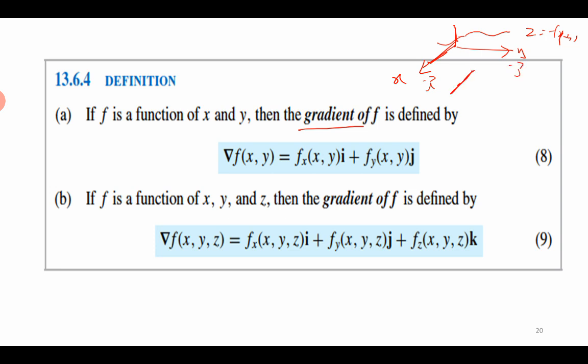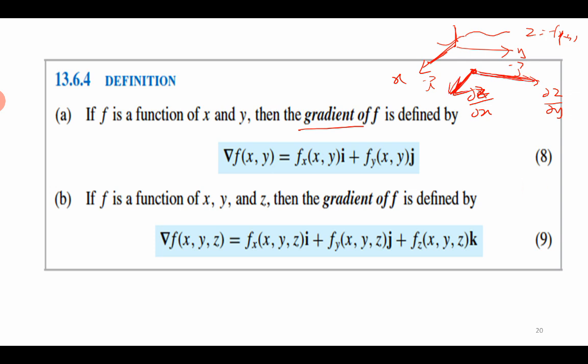If you find ∂z/∂x, it is in the x direction. If you find ∂z/∂y, it is in the y direction. So the rate of change in the x direction and the rate of change in the y direction is given. So what if these two are applied?